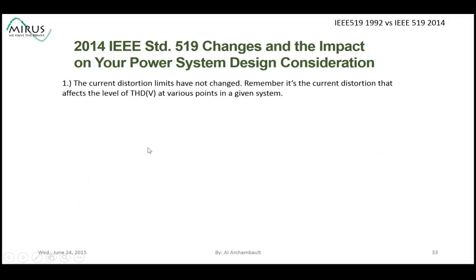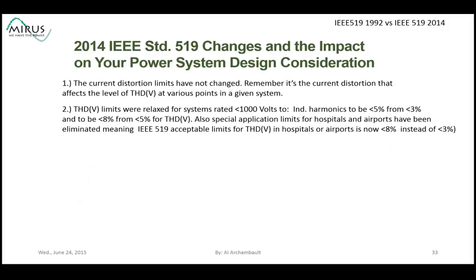Okay, let's do a review. The current distortion limits have not changed. Remember, it's the current distortion that affects the level of voltage distortion at various points in the electrical system. The voltage distortion limits were relaxed for systems rated below 1,000 volts.